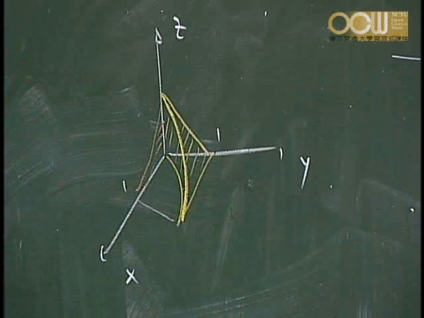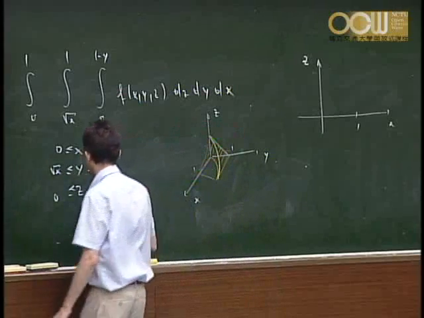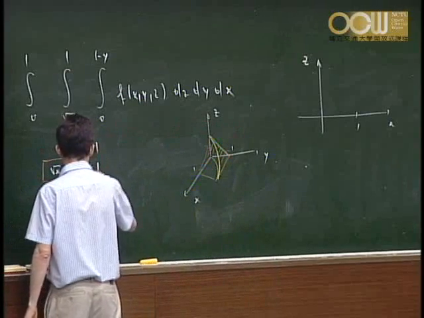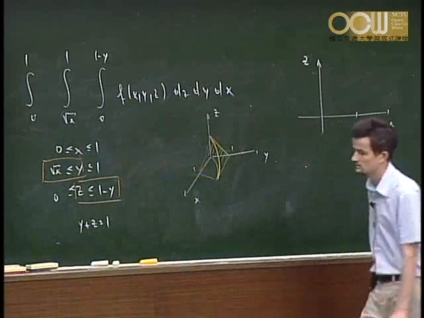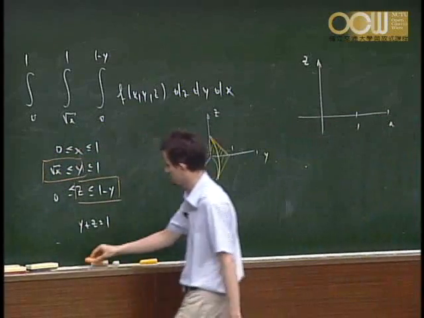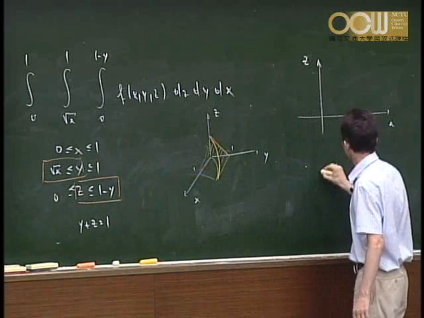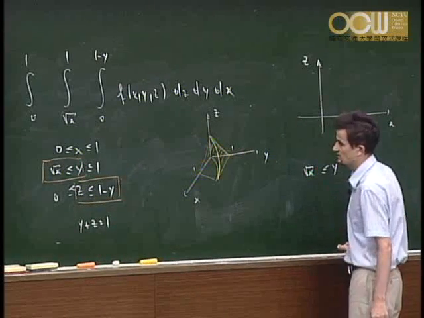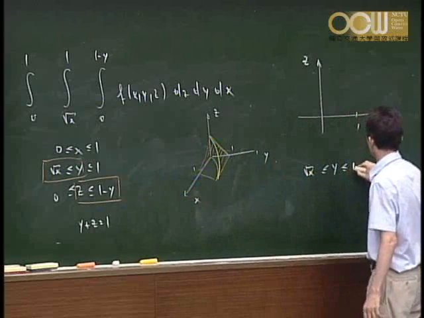For this, you have to look at this part here, this one and this one. So you see that from this one, y is larger or equal than the square root of x, and because of this one, y is also smaller or equal than 1 minus z.